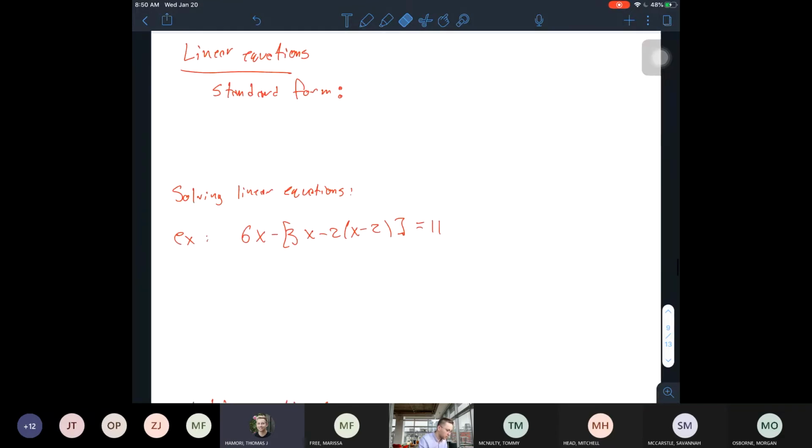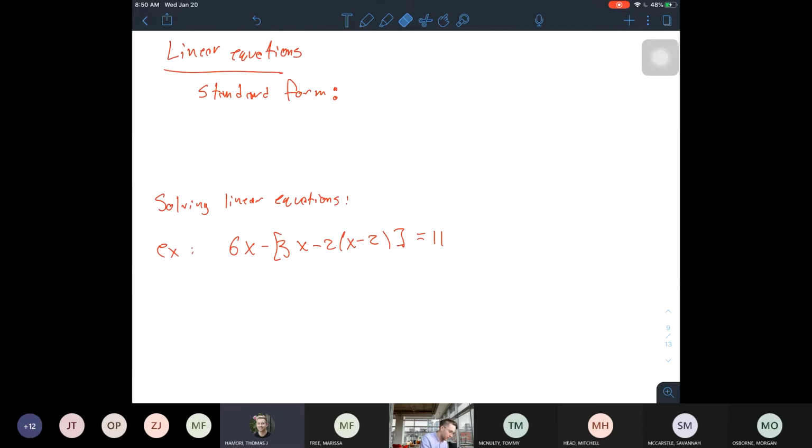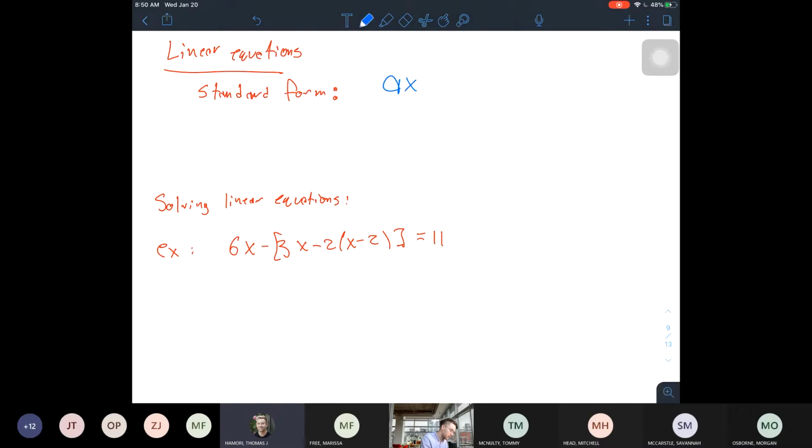So let's talk about what a linear equation is. A linear equation is an equation that has the following standard form. We write it as AX is equal to B, or AX minus B is equal to 0, or something like that. Let me write it in the way that the book likes it.